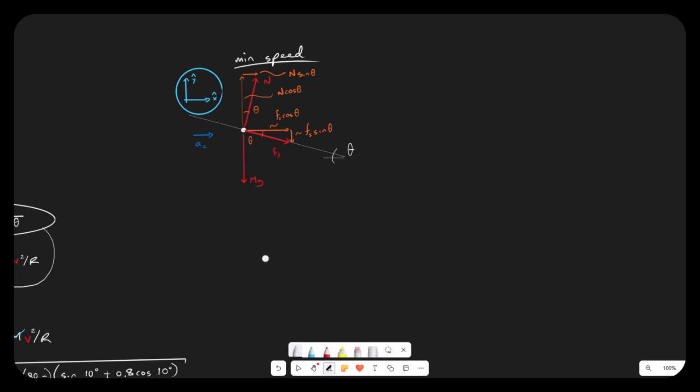Because if this car were stationary, it would potentially just start sliding down the ramp, and that's not what we want. So what happens is our static frictional force is going to have to kind of just go away for a moment, and I'll be back. If this thing is going too slow, then the car will start to slide down the ramp, which means the static friction force is now going to be pointing up the ramp.